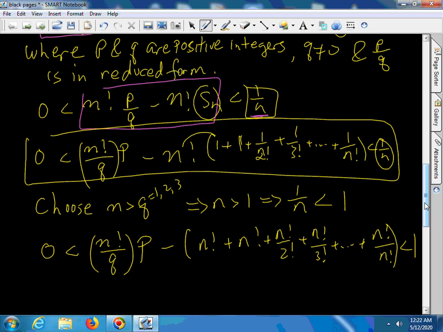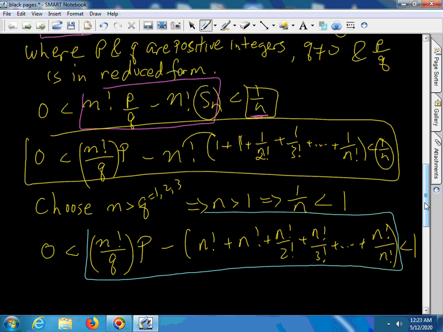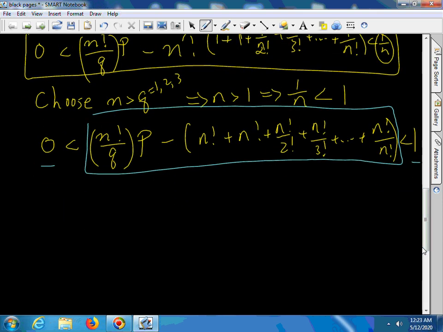Whoa, wait a minute. This piece, whatever it is, is between 0 and 1 and not one of the endpoints. Remember, that was just e minus Sn. e minus Sn is not an integer.